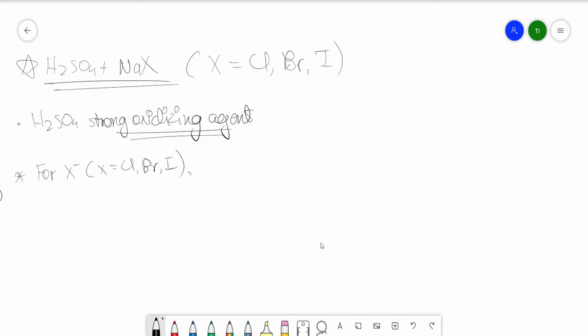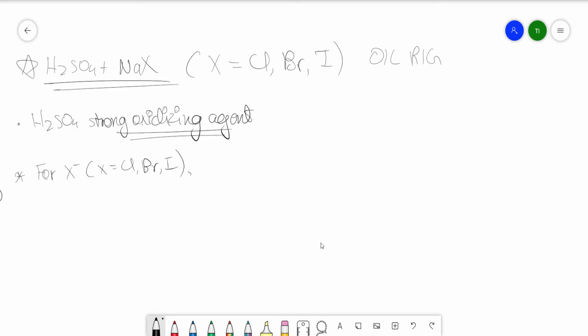Reducing means it gives away an electron. So reducing power means how likely it is to get oxidized. Again, recall OIL RIG. Oxidation is loss of electrons, whereas reduction is gain of electrons. When something is a reducing agent, it reduces something else and therefore gets oxidized itself, right? And oxidation is when there's a loss of electrons.